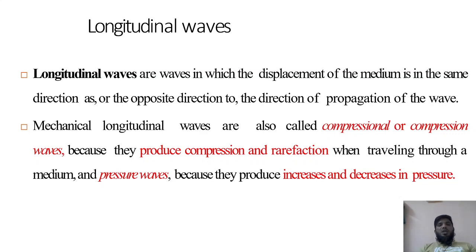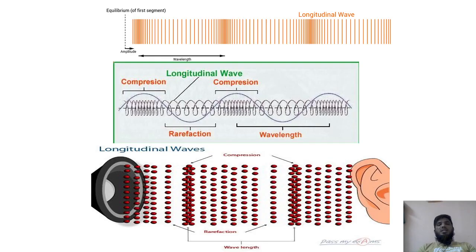Mechanical longitudinal waves are called compressional or compression waves because they produce compression and rarefaction when they travel through a medium, and pressure waves because they produce increase and decrease in pressure. At some point the particles come closer to one another, and then they transmit the energy to the next layer.